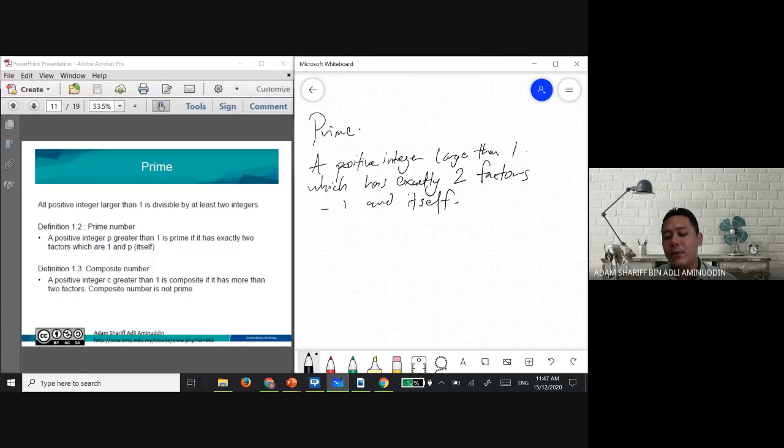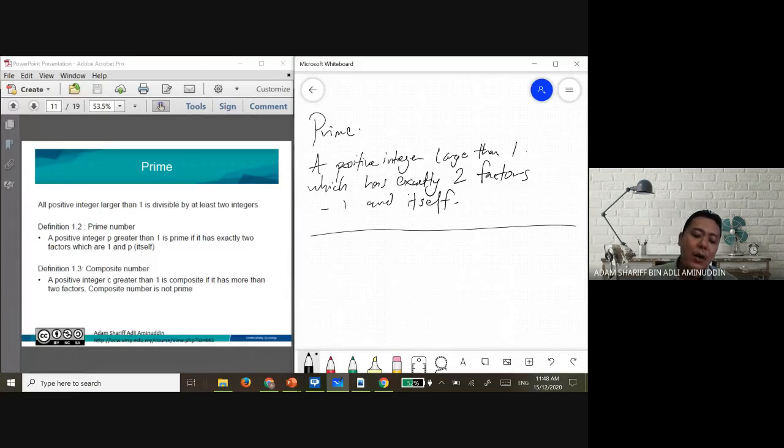So if any positive integer which is larger than 1 has exactly two factors, then definitely it is a prime number. And oppositely, if the number has more than two factors, then it is composite. Lawan kepada prime ialah composite.